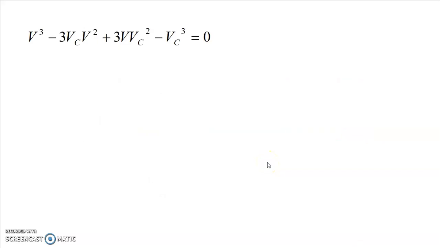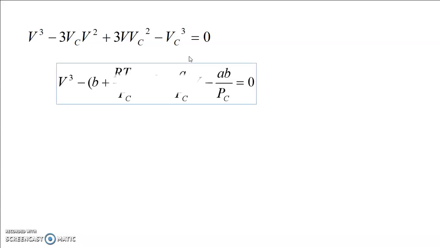Expanding and writing in decreasing powers of V, you can get V³ − 3Vc V² + 3Vc² V − Vc³ = 0. This equation is identical with the van der Waals equation at critical temperature and pressure, which we have derived earlier, and if we represent the P and T at critical temperature and pressure as Pc and Tc, we will get these two equations identical.